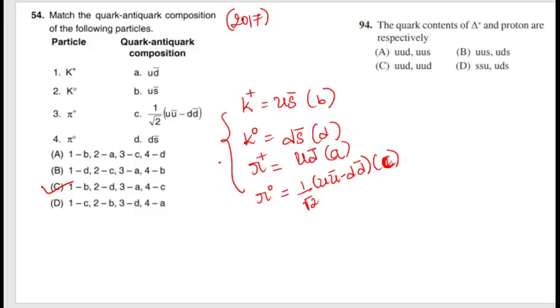Every question is solved by the third slide itself. Yes. Now we will be moving on to the next question. I hope everyone is clear with this question.